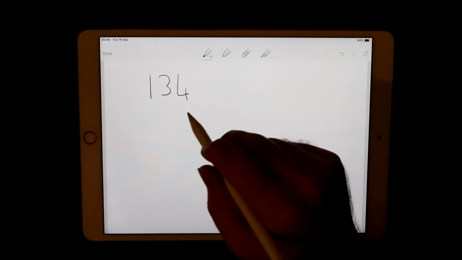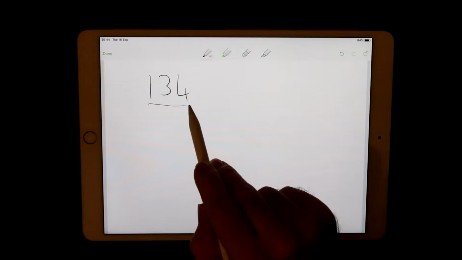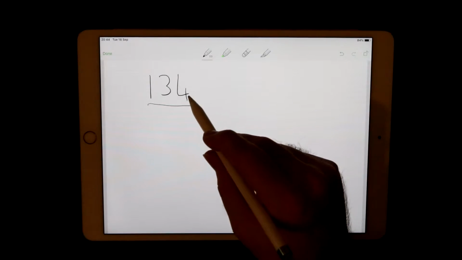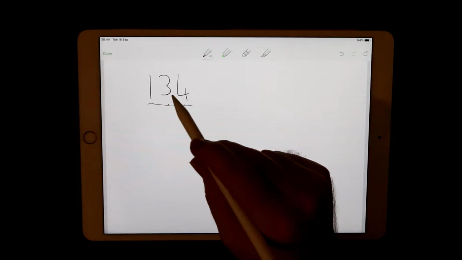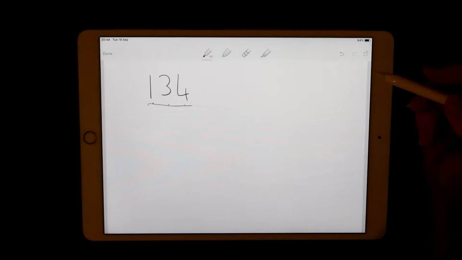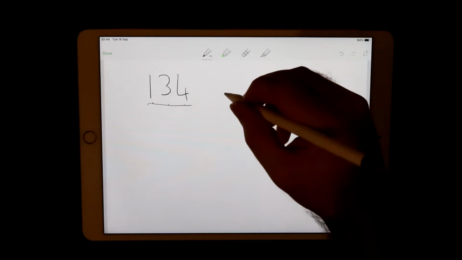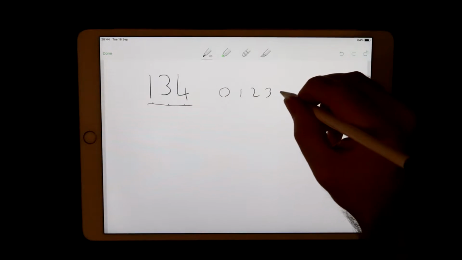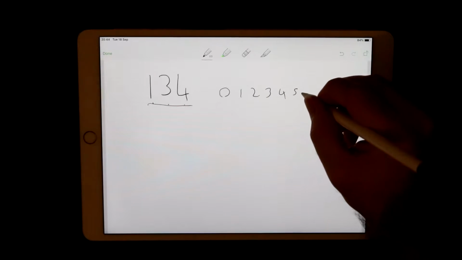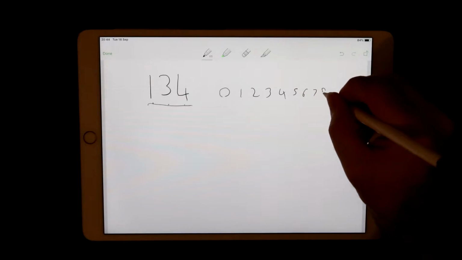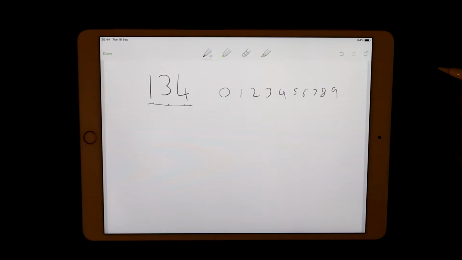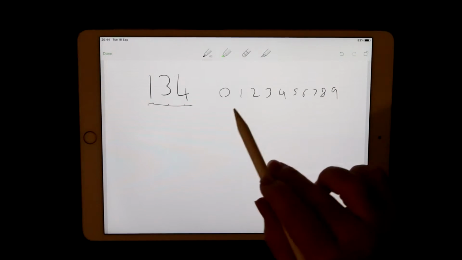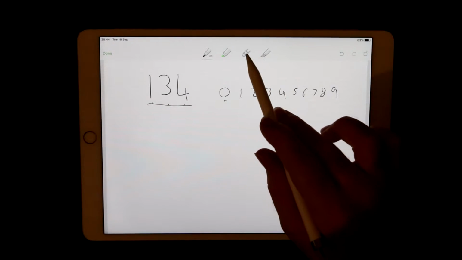We call this representation here base 10 because each digit has 10 separate values from 0 all the way up to 9. There is no 10 because the 0 takes up a number.